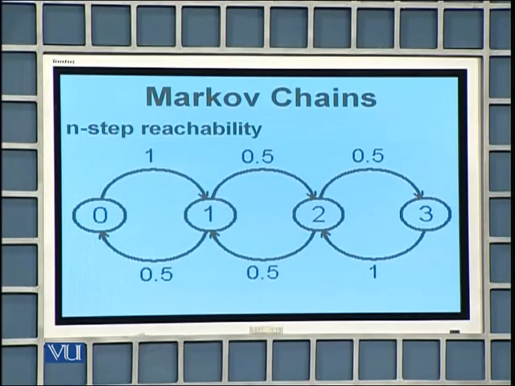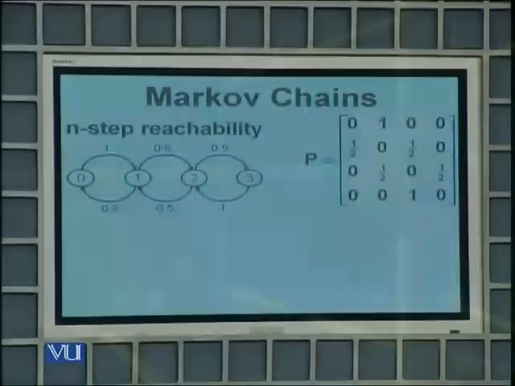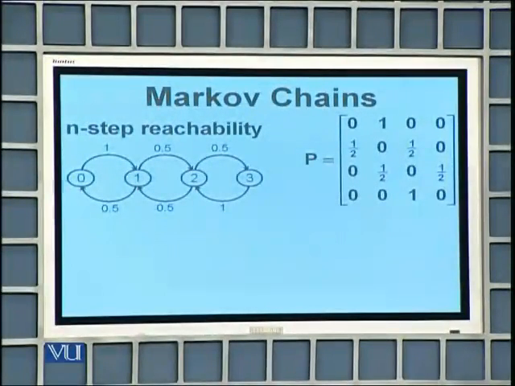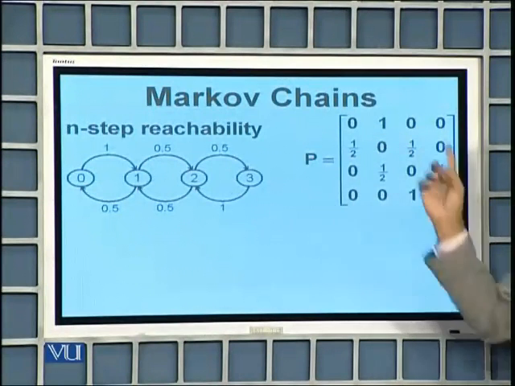Let's look at its one-step transition probability matrix. For this chain, this is the one-step transition probability matrix, and you can see that there are many zeros in it, which show that these states are not reachable in one step.